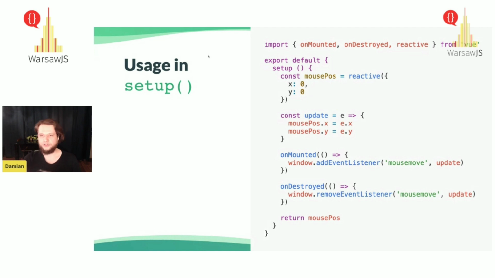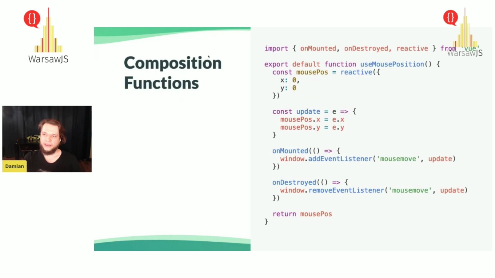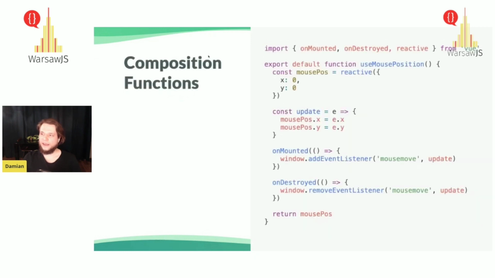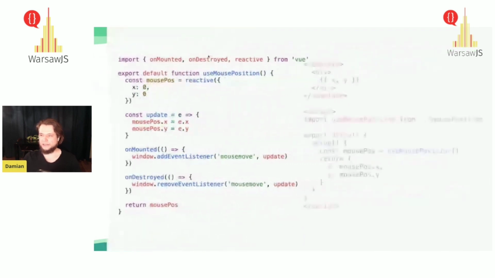Whatever you return from setup becomes available on the template, right? And the good thing with the composition API is that you can just take the code here and move it into a separate function. You might ask, what happens with mounted or unmounted? The context of the component is being inherited, so that's not a problem.